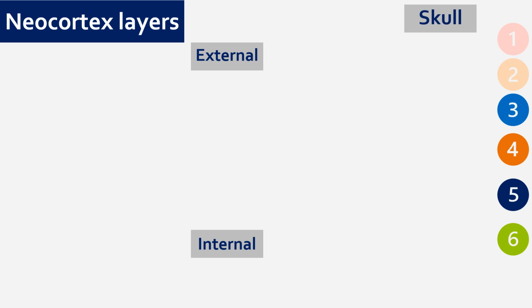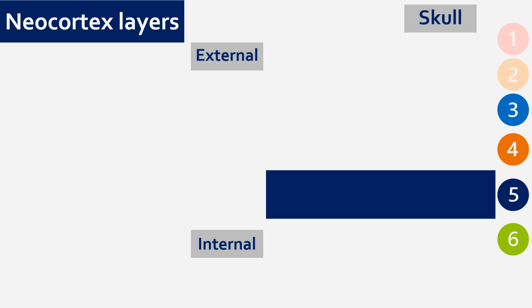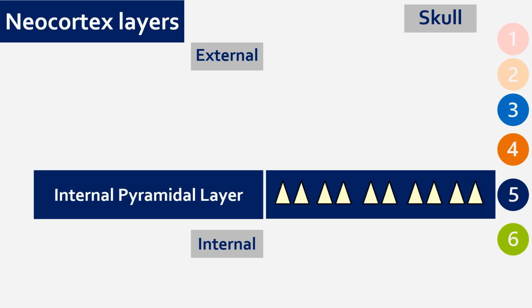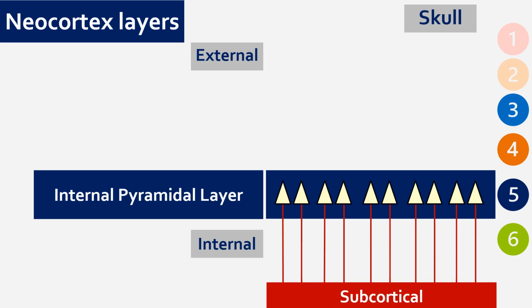We're going to start our journey around these 6 layers by considering layer number 5. This is called the internal pyramidal layer because it's very densely populated by pyramidal neurons, so called because their cell body is triangular or pyramidal in shape. The pyramidal cells from layer 5 project out of the cortex down to various different subcortical regions.